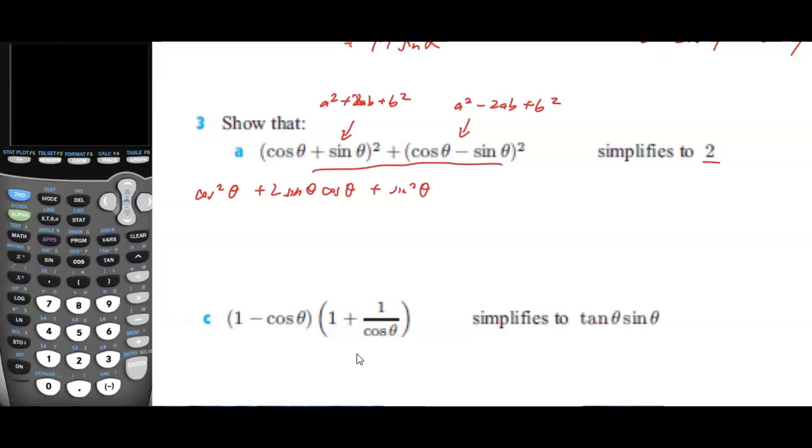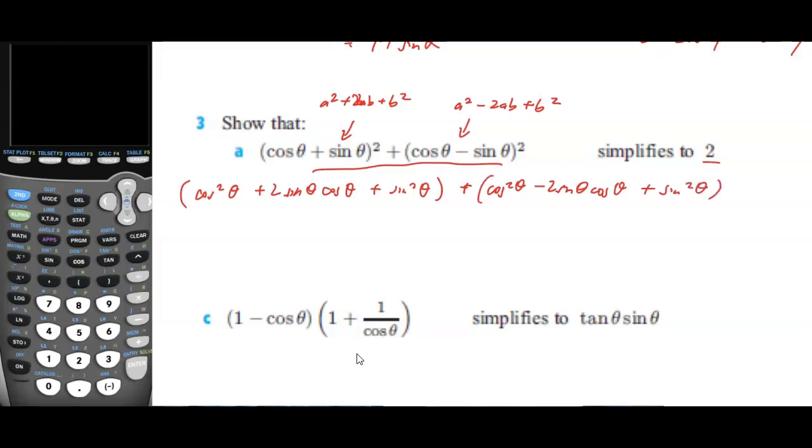So that was the first one. The second one would be cosine squared theta minus 2 sine theta cosine theta plus sine squared theta.